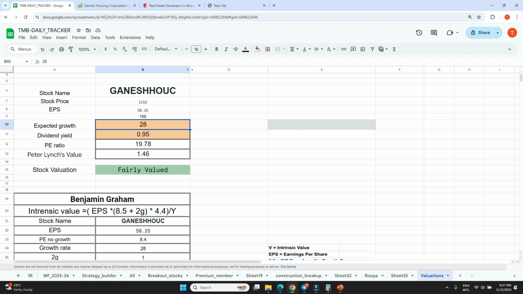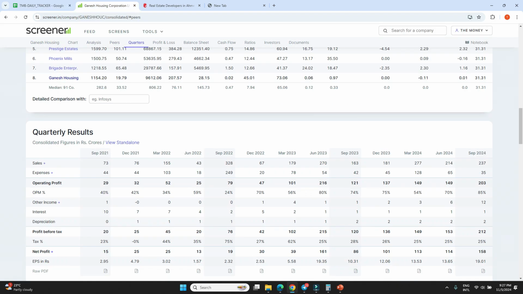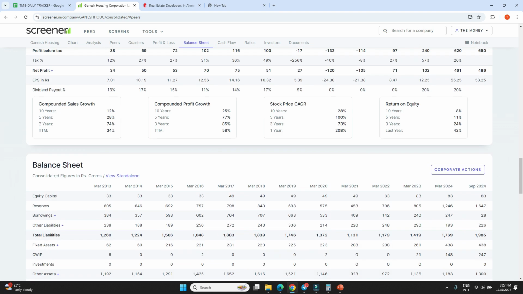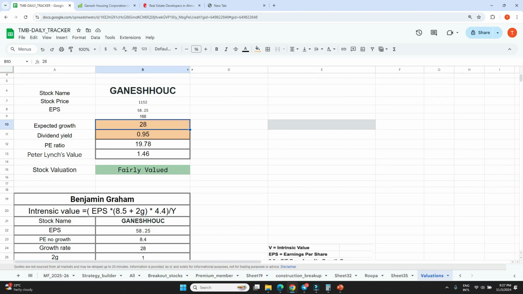For some of the stocks we cannot find it. In that case, what we can do is go to the last 10 years and look at the stock performance. I try to project the same thing for the coming 1 or 2 years. I am expecting the stock to grow at the same ratio, so that amount I am putting.